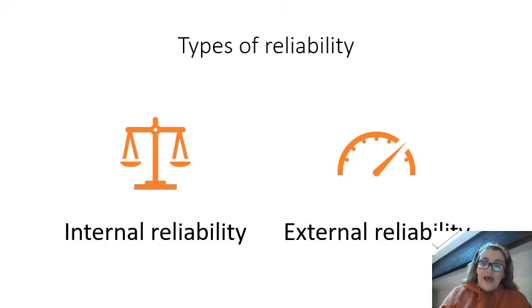Okay. External reliability, again, you could be asked what is meant by external reliability. If you want to add that to your booklet now, you can pause the video. You could also be asked, for example, there could be a scenario and it could say, how is this showing external reliability?